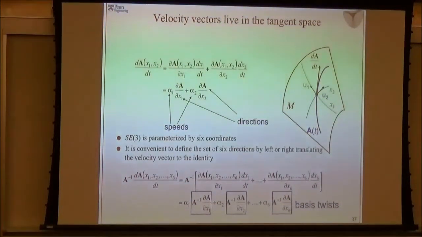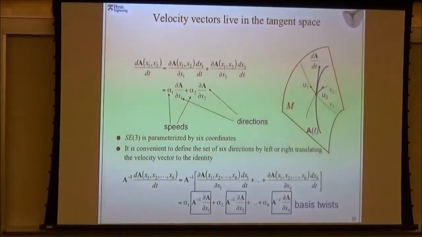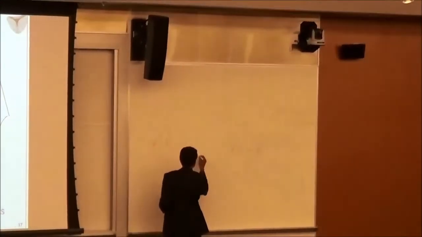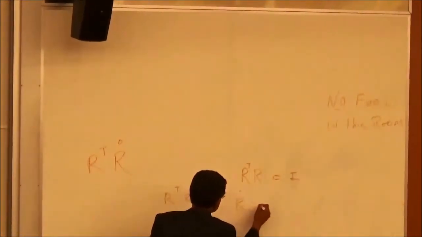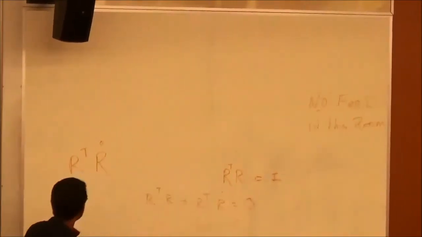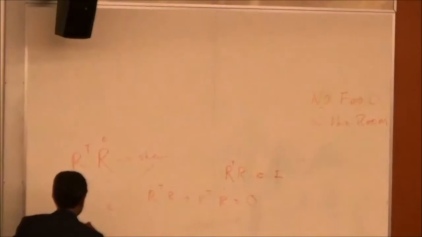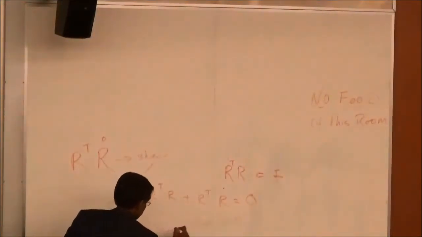And why does it have some structure? Well, you know that R transpose R is equal to the identity. And if I differentiate this, I know R dot transpose R plus R transpose R dot is equal to the zero matrix. And from that, you basically get that this is a skew-symmetric matrix. And the components of this basically give you the angular velocity vector.